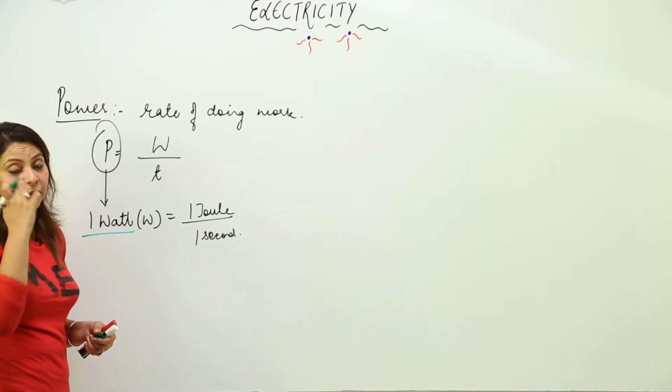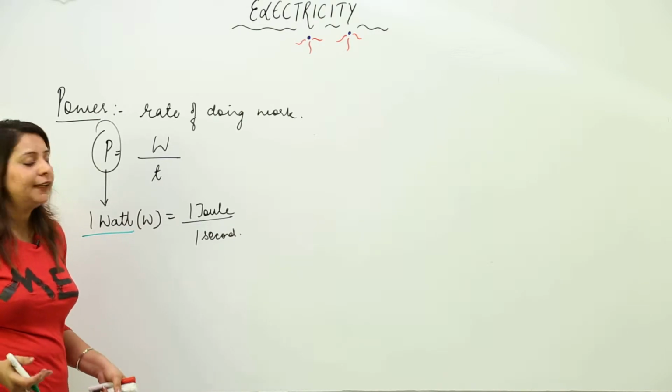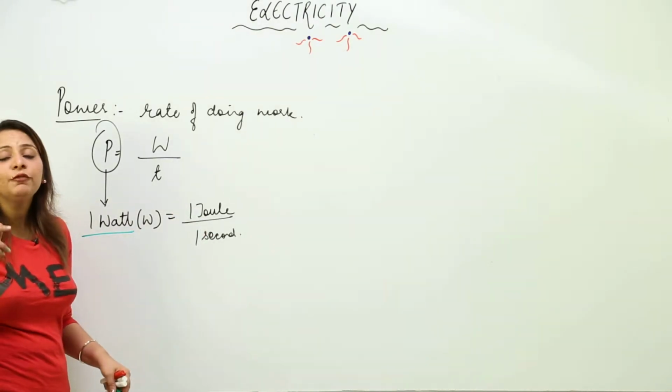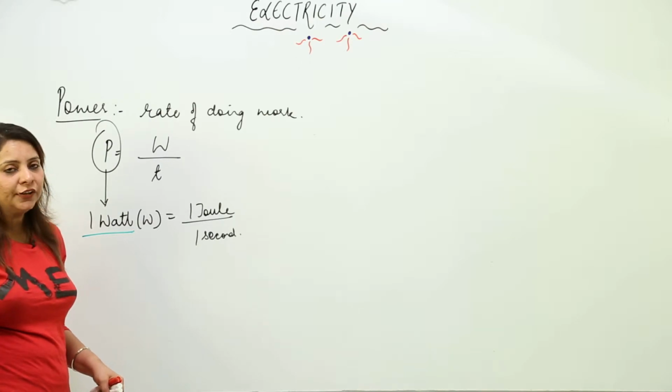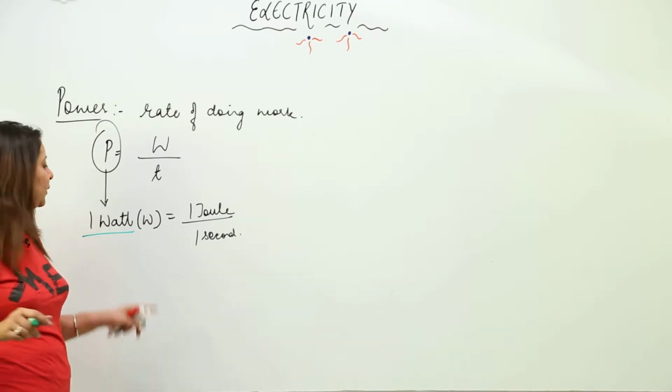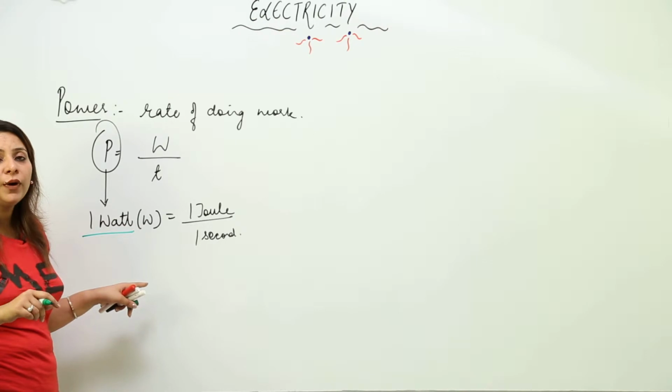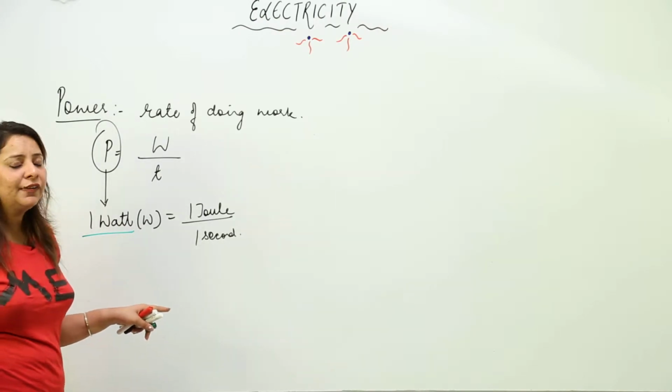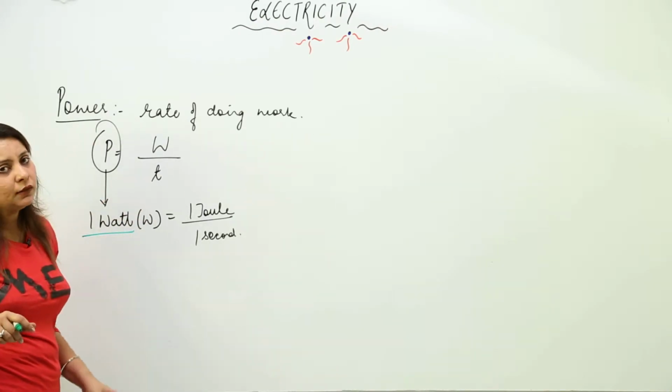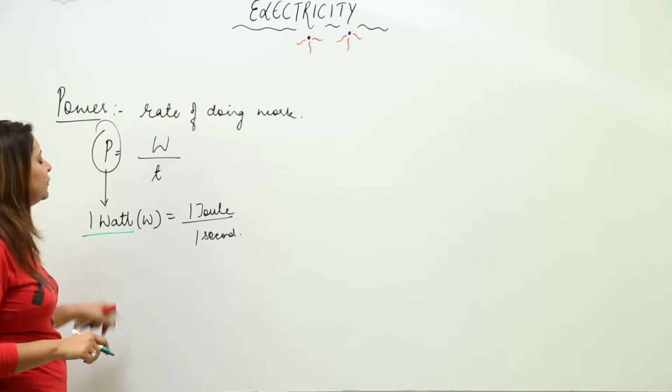But if you are asked what physical quantity is signified by joule per second, then you need to answer that it is power.